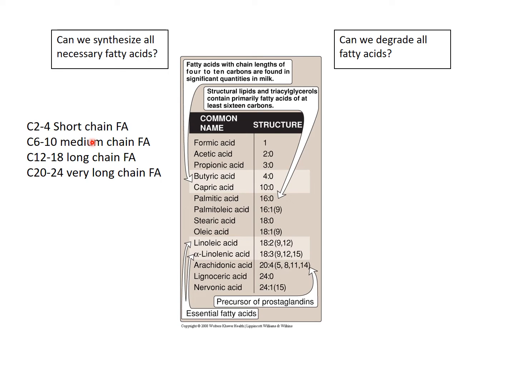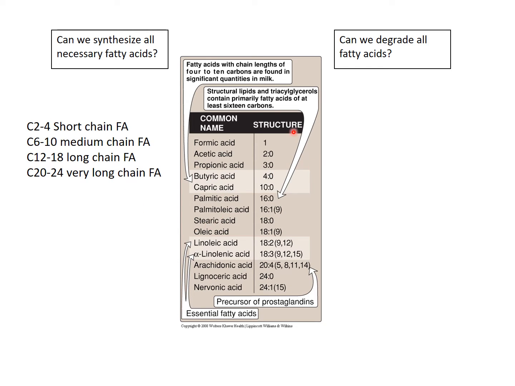Actually, the site of this is the mammary gland. And the very long chain fatty acids, which again you heard about, very important for the central nervous system, need a different beta oxidation system starting in the peroxisomes and continuing in the mitochondria.